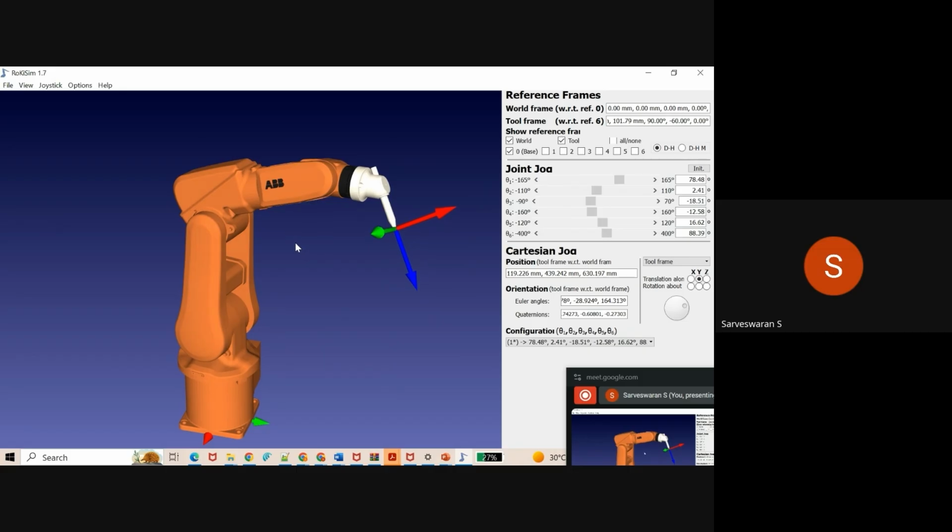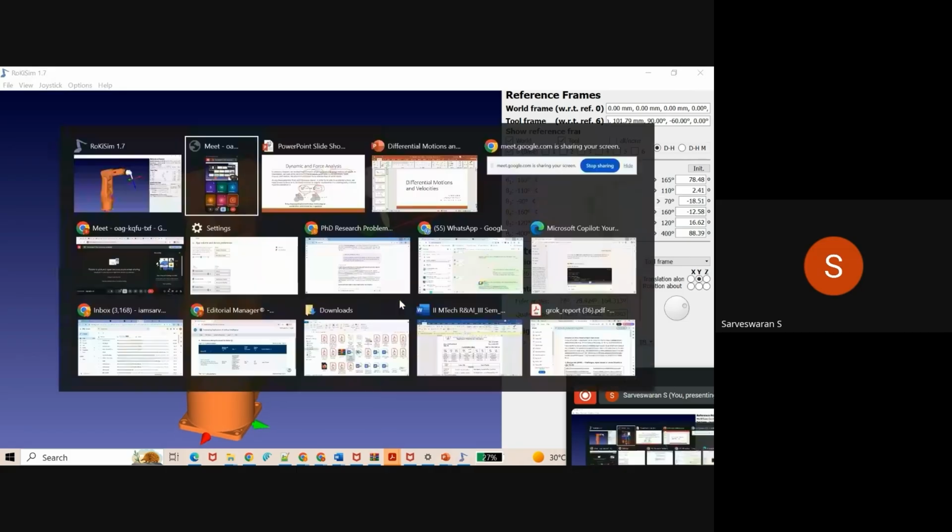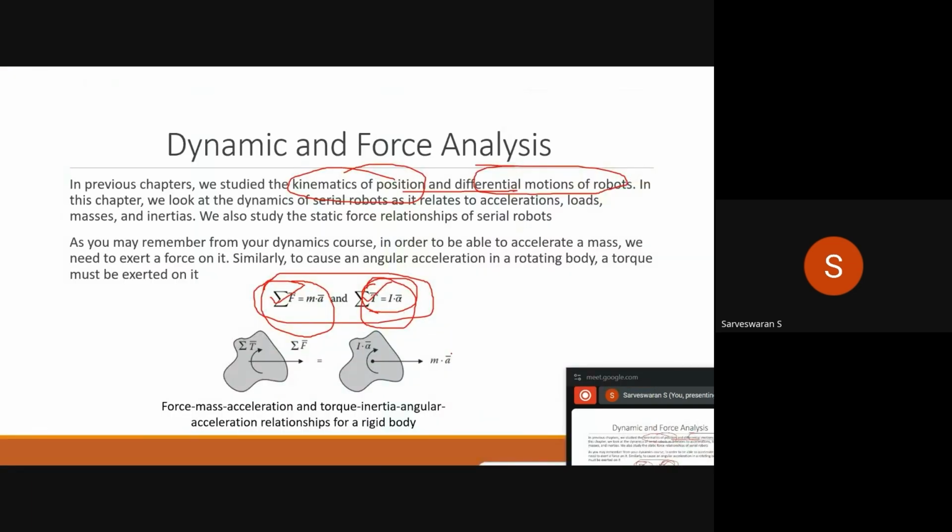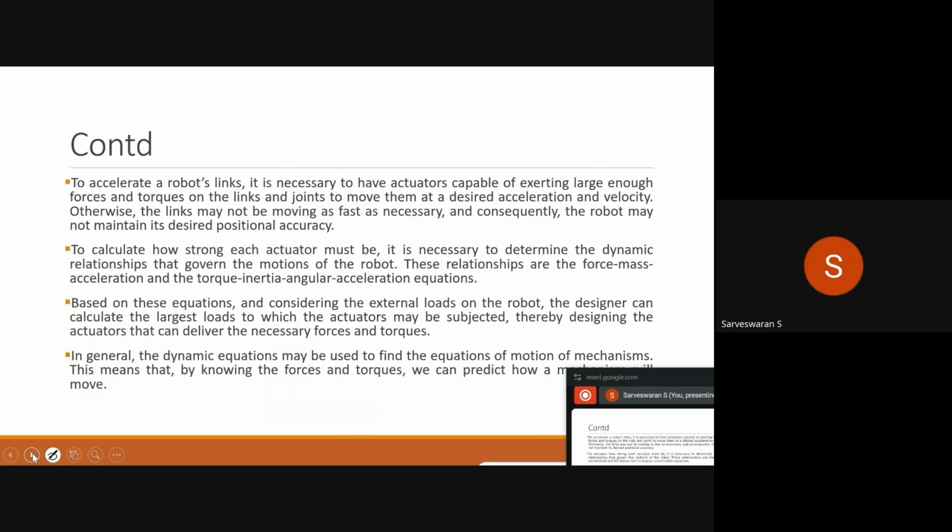So that is where dynamics plays a very major role. In this chapter, you will derive, for a 2D robot arm, how we are going to select a suitable torque. That is what this unit is all about. To accelerate robot joints, it is necessary to have actuators capable of exerting large enough forces and torque.